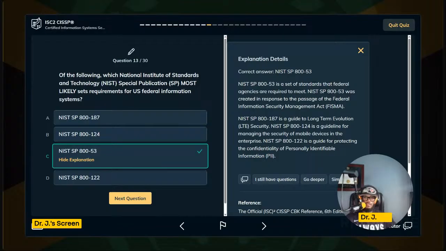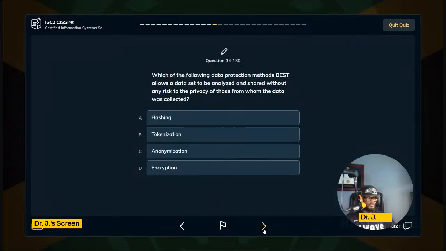All right. Which of the following data protection methods best allows a data set to be analyzed and shared without any risk to the privacy of those from whom the data was collected? If you want it analyzed, you want to protect the privacy of those people.